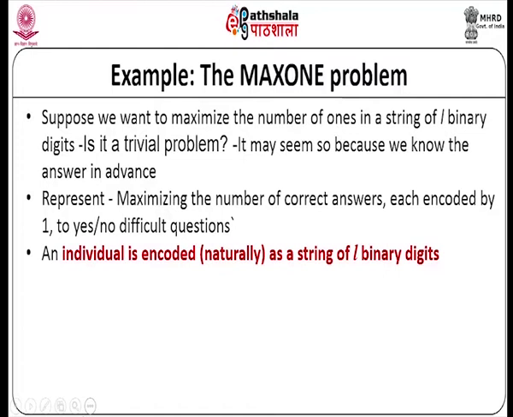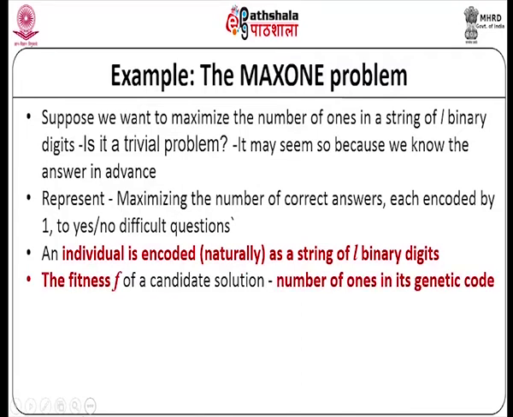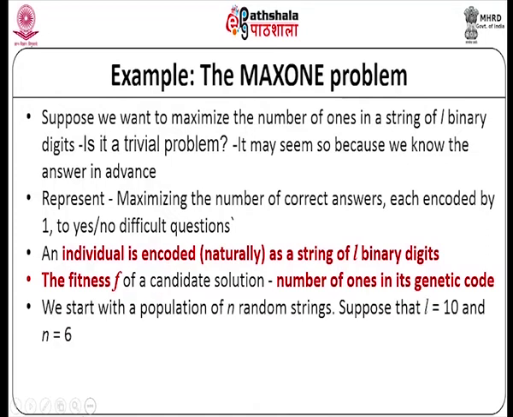An individual is encoded naturally as a string of L binary digits in this case, and the fitness f of a candidate solution is the number of ones in the genetic code. That is how we define the fitness function. We start with a population of N random strings.